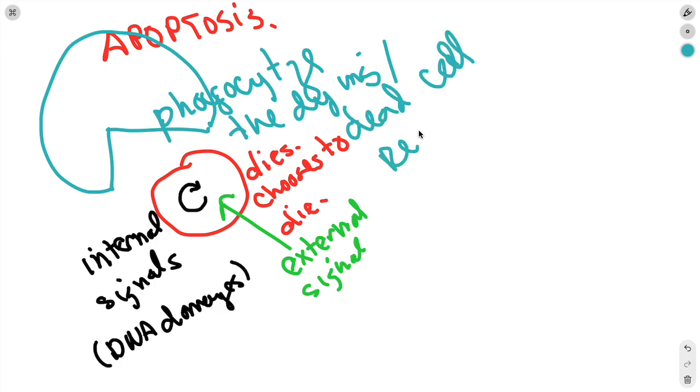And they're going to recycle the parts. And our immune system does that a lot. If a cell's dying, it recognizes that. We'll talk about that in just a few minutes.